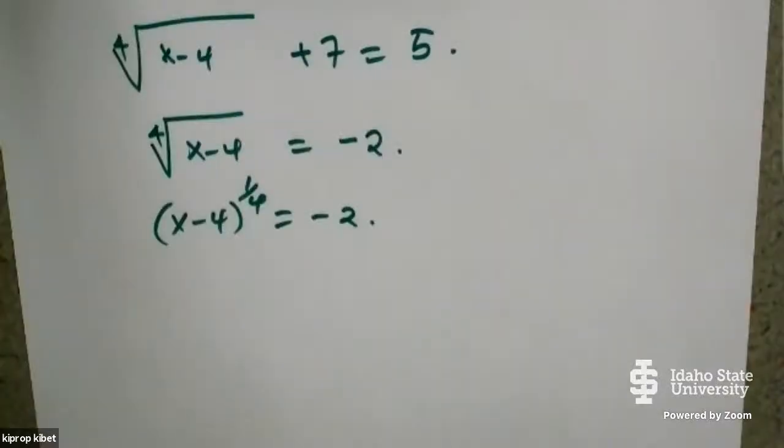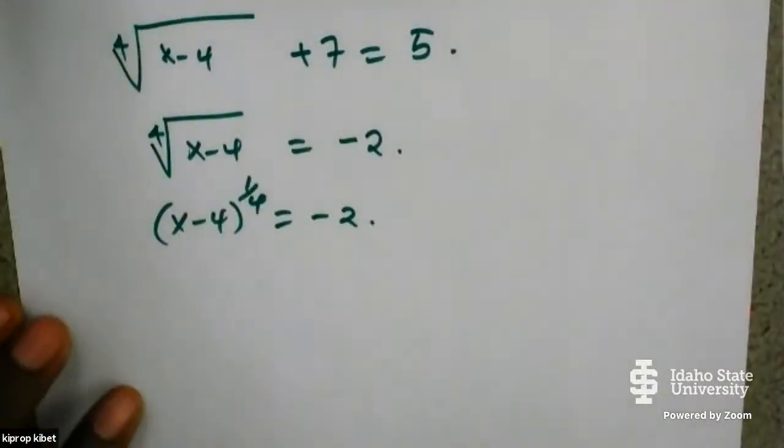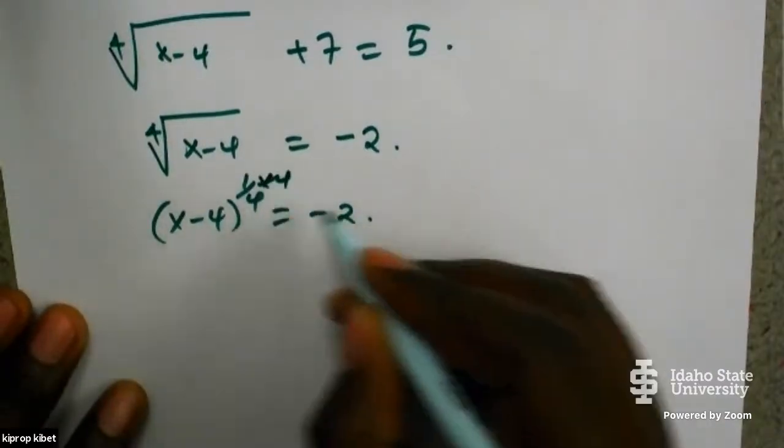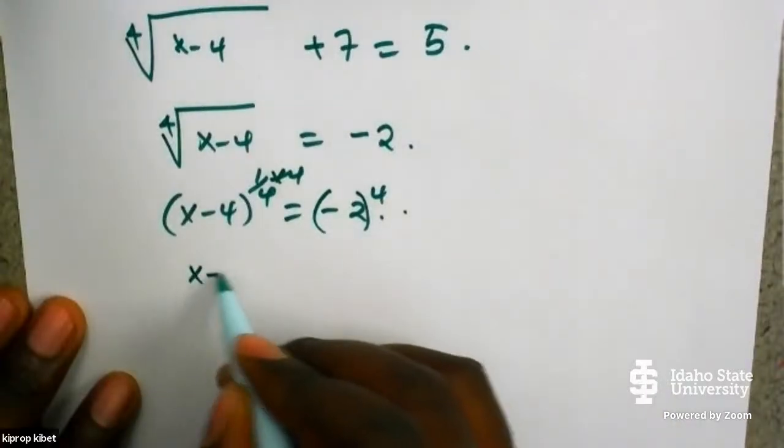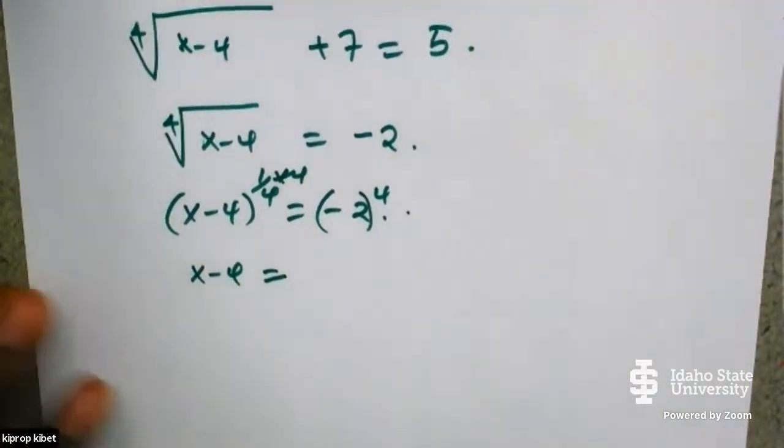Equals to minus 2. So what do you do there? You raise to 4. So x minus 4 equals minus 2 raised to 4.